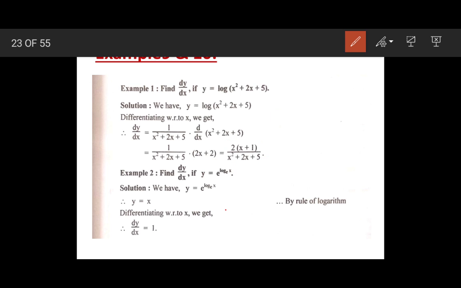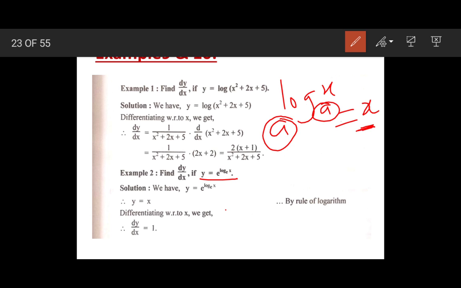See one more example. Find dy upon dx if y is equal to e raised to log x to the base e. But we know that a raised to log x to the base a is equal to x. If this base and the base of the log are both the same, then the value is simply x.